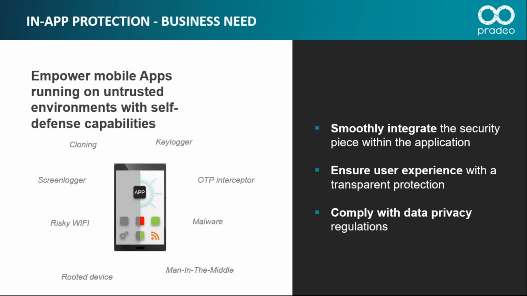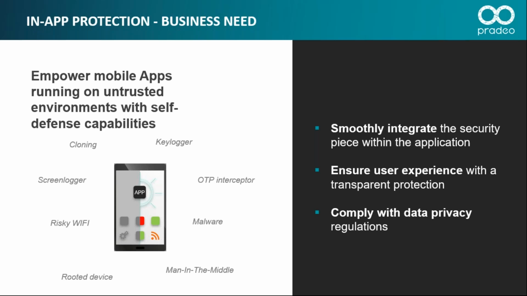We often came across the business need on the market regarding how to protect digital services in an unmanaged environment. Many companies are developing their own mobile applications to provide digital services for final customers or also partners, so they need to make sure that their own application can run safely on the end user device.